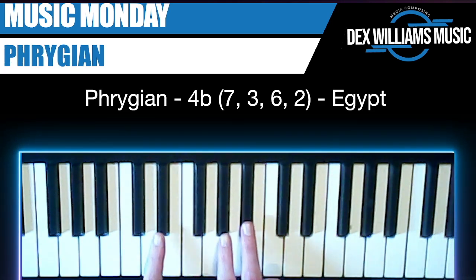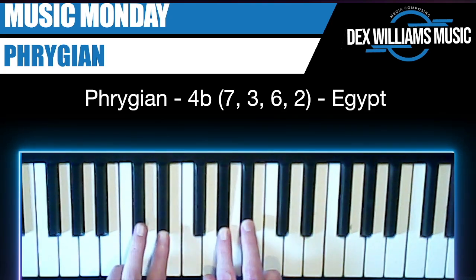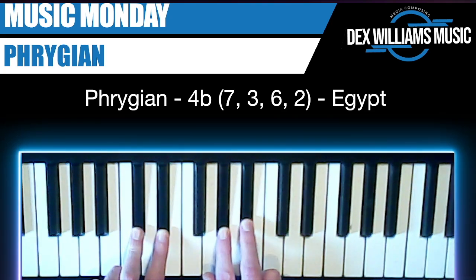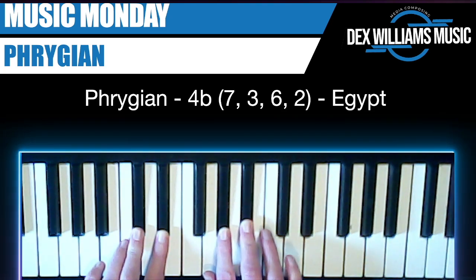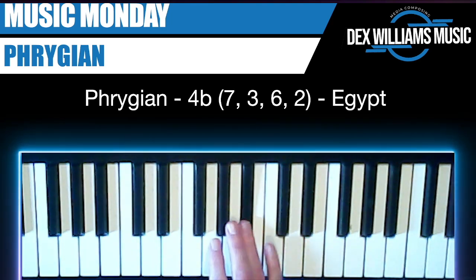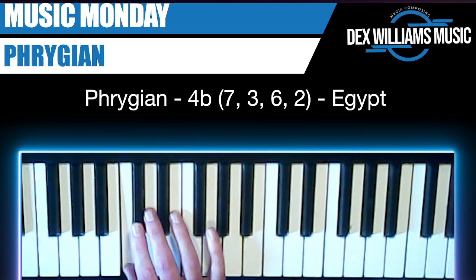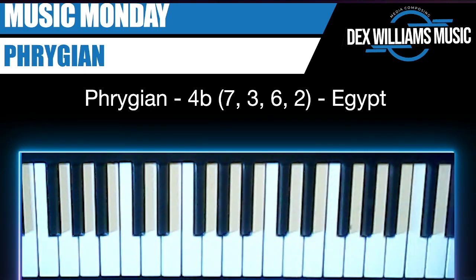So what did we just have? 7, 3 and 6. Now we're adding a 2. Now this is sounding sort of Egyptian type of music. So there you go. That's Phrygian.